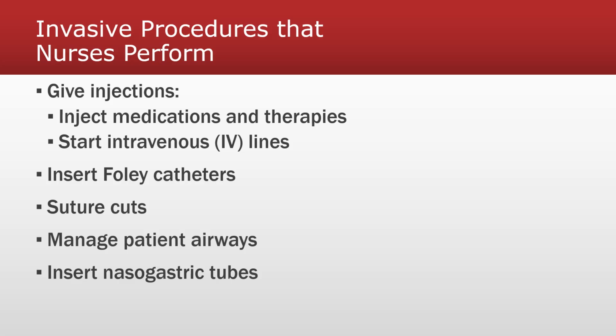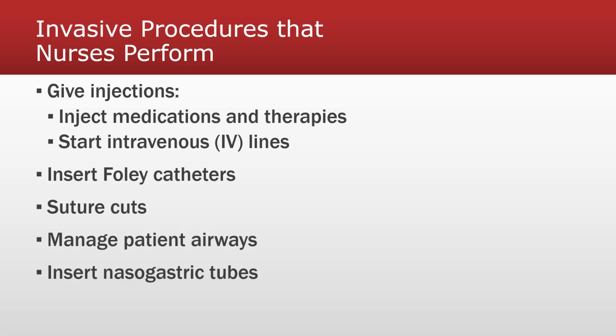In critical situations, nurses manage patient airways, ensuring oxygen gets where it's needed. And for patients who can't swallow, they may insert nasogastric tubes to provide nutrition or remove stomach contents. Each of these procedures requires not just technical skill, but also steady judgment and communication, because patients often feel anxious or vulnerable during invasive care.